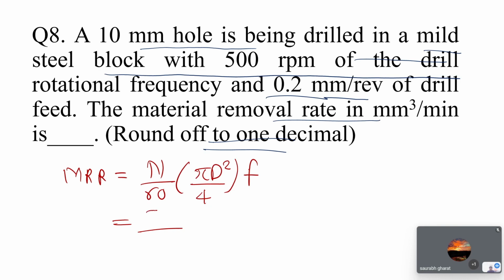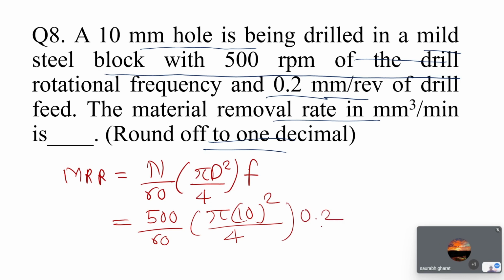In this case, you need to keep just 500, according to the formula, it will take care of everything. What is your diameter? 10 millimeter. Then divided by 4 into F. Your feed is 0.2. So just multiply everything.